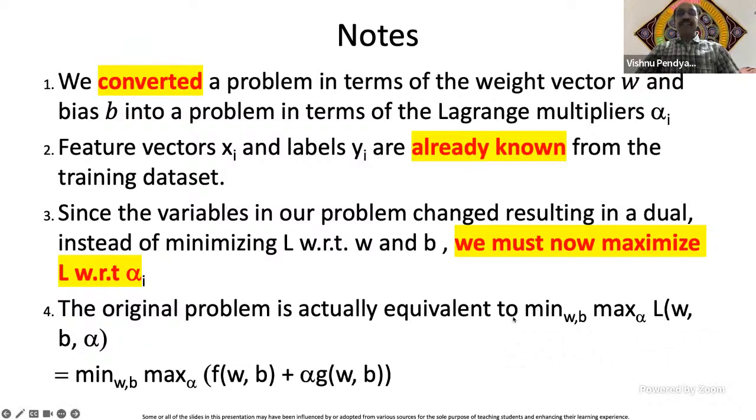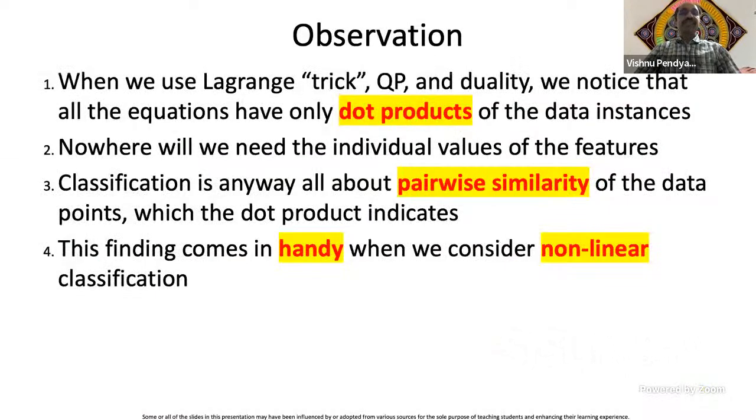So now the interesting part is the observations, right? What are the observations? When we use the Lagrange trick, quadratic programming, and duality, we notice that all the equations have only dot products in the data instances. Nowhere will we need the individual values of the features.